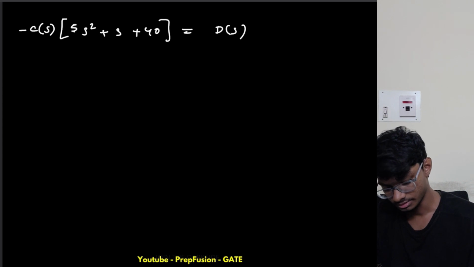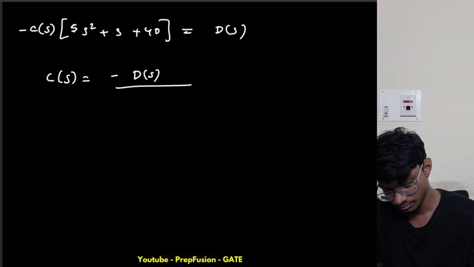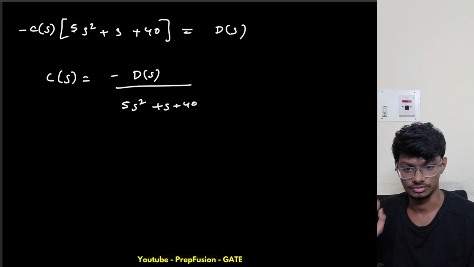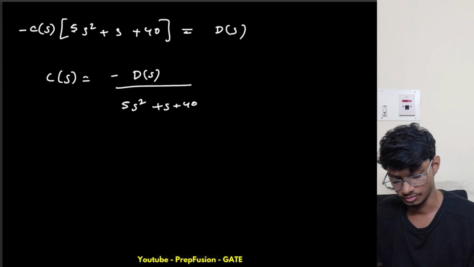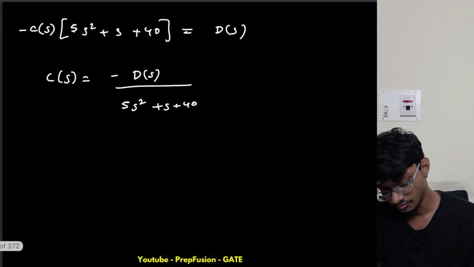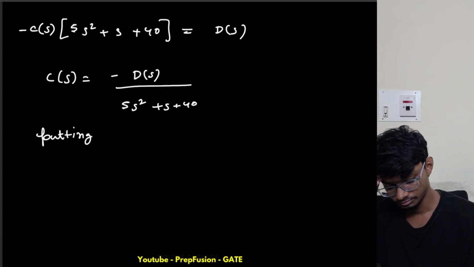Here I have D(s), right? So I will write C(s) equals minus D(s) by 5s square plus s plus 40. Now I'll put this C(s) in equation 1, this error signal, this is my equation 1. So putting C(s) in equation 1, what do I get?